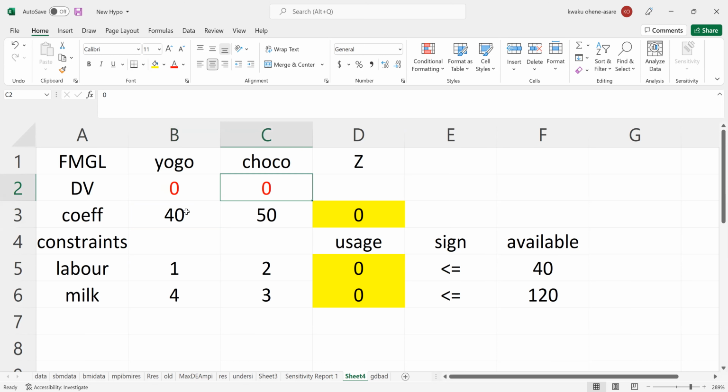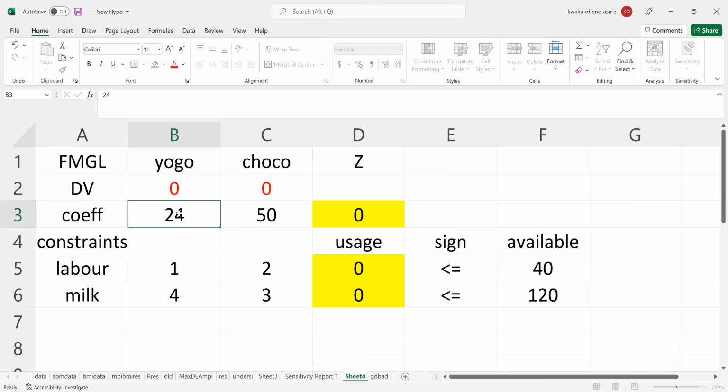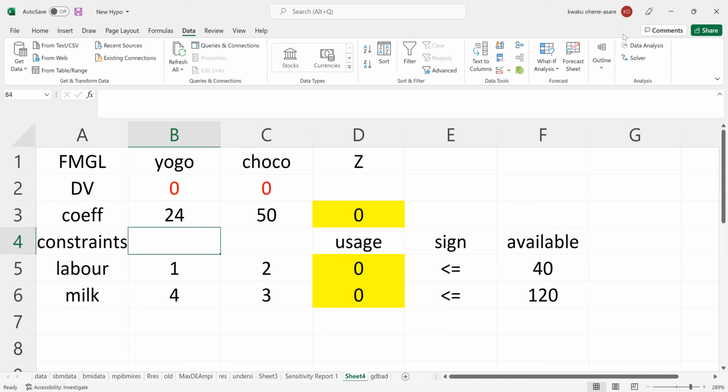So let's change the value from 40 to 24. That means it's gone outside the sensitivity range. I'm going to calculate again. Go to the data tab at the top and click Solver. You can do this by yourself.